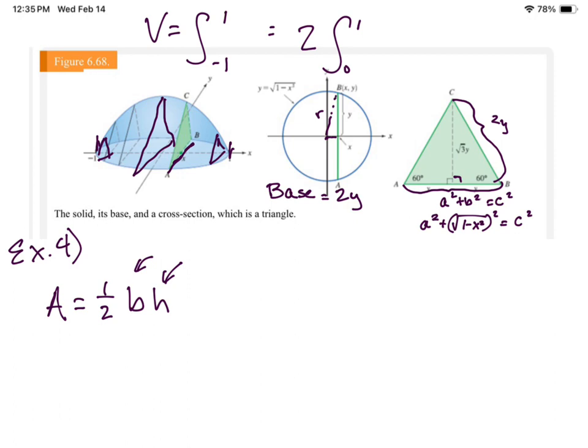So what if we call that piece, instead of c squared, 2 times the square root of 1 minus x squared, 2y. If it's equilateral, the 2y that's on the base is also the 2y that's on the hypotenuse. So now we can find a, or the height.